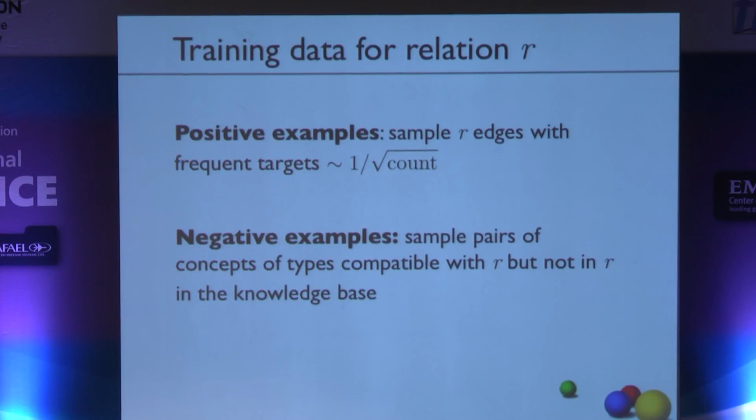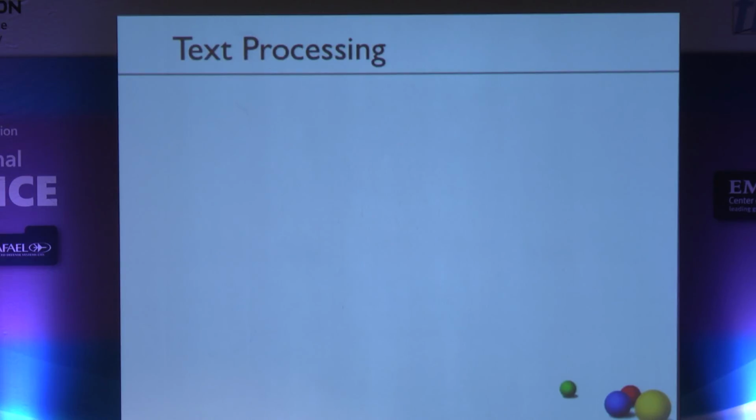So we discount those, dividing by the square root of the count of the fan-in, so that we don't take too many. Basically, we don't want too many actors or too many politicians. You also want computer scientists and gardeners. And then you hypothesize that pairs that are compatible with the relation according to their types, but not in the knowledge base, are negatives, and you also subsample those in some way. And there are better ways of doing this, which we are working on now.